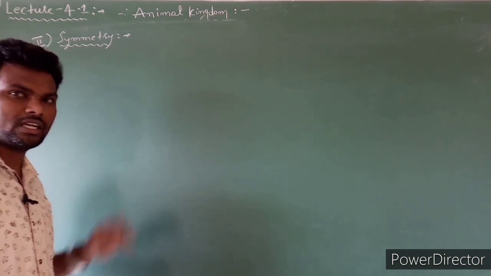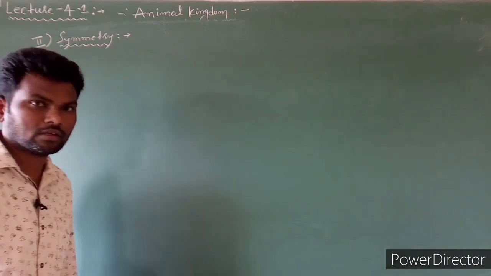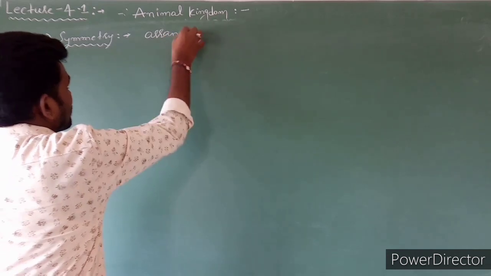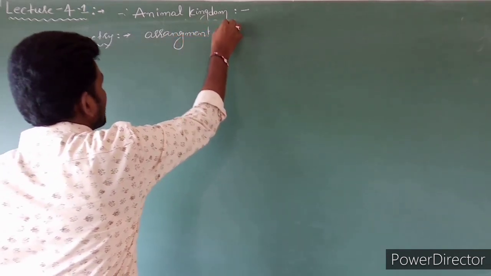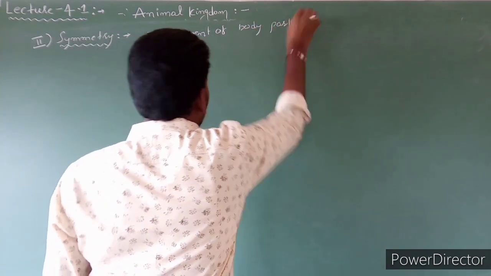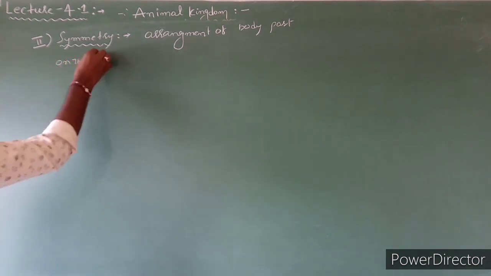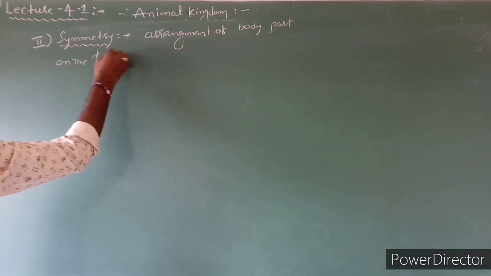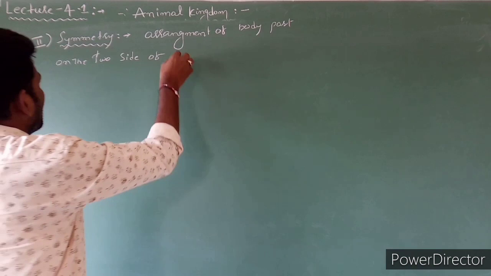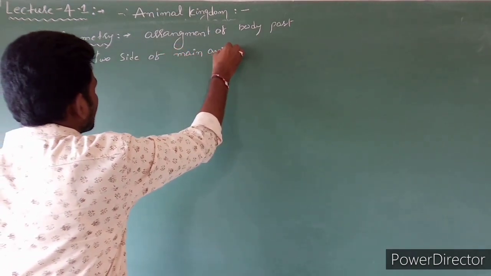The second fundamental character is symmetry. Symmetry means the arrangement of body parts on the two sides of the body axis or main axis.